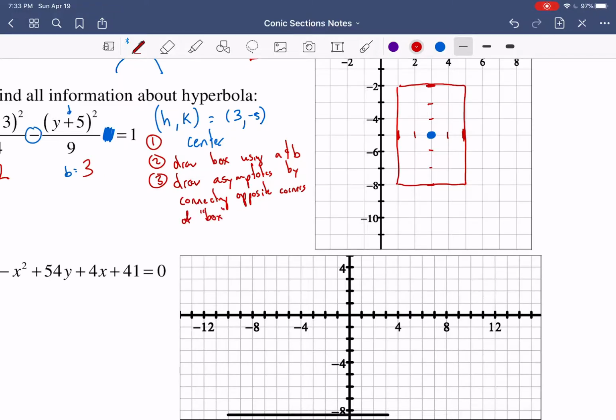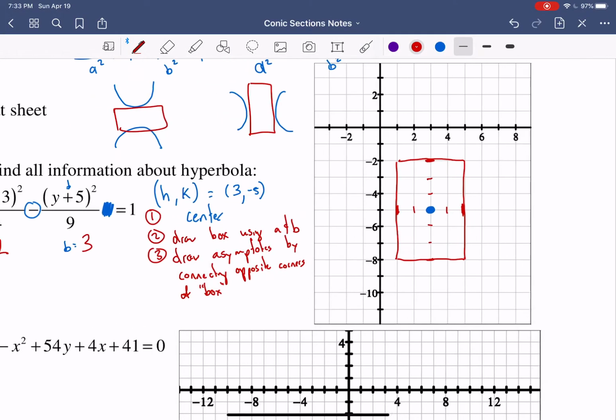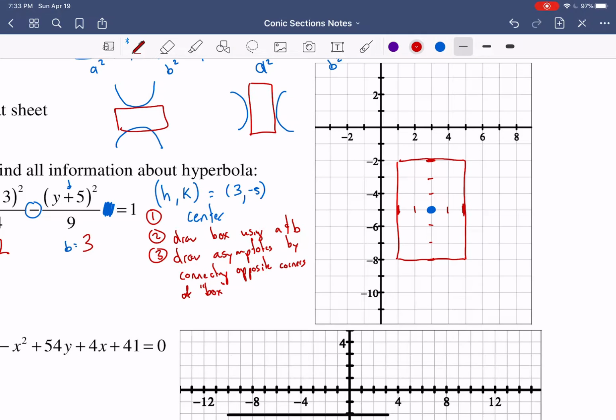All right, I'm going to do this as dotted lines, as we usually do with asymptotes. I'm trying to be very careful so that our hyperbola looks very good. All right, so there's one asymptote.